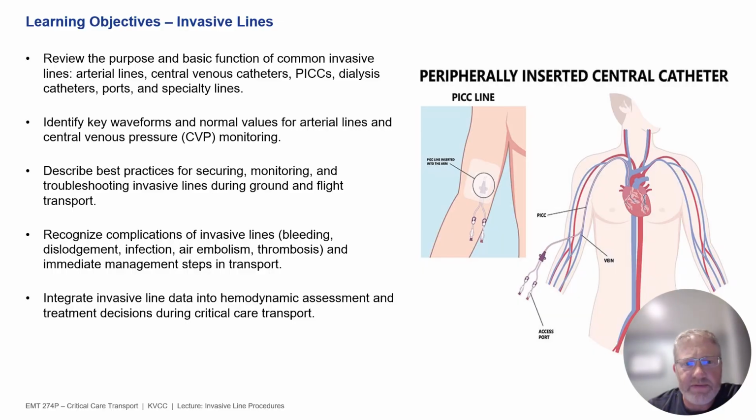Learning objectives for this lesson are pretty straightforward, but they're critical. By the end of the lecture, I'd like each of you to be able to walk up to a transport patient, identify every line they have, know what each one is for, understand the waveforms or the readings that it produces, and have a clear plan if something goes wrong.